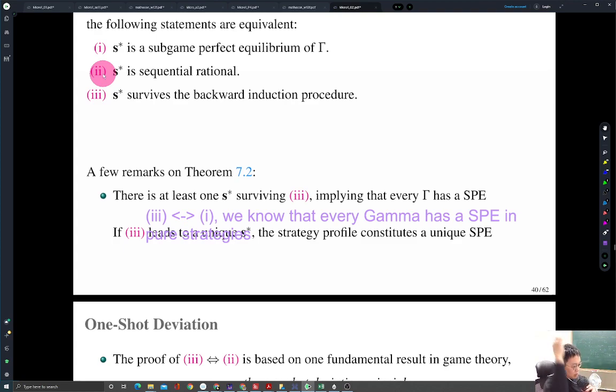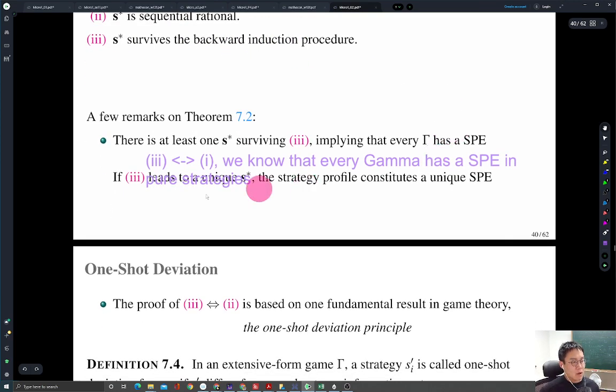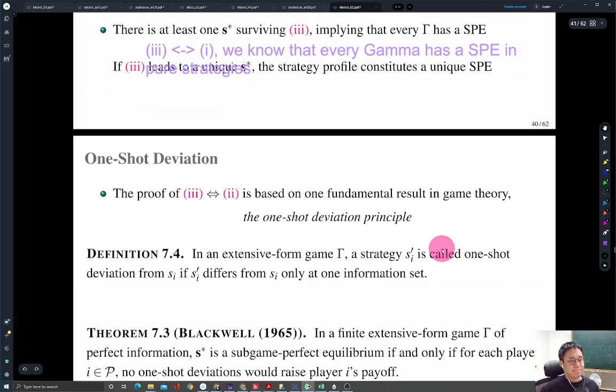So that is the unique subgame perfect equilibrium in that game. There will be no other subgame perfect equilibrium than the one surviving the backward induction procedure. So if 3 leads to a unique strategy profile, then that strategy profile constitutes a unique SPE.